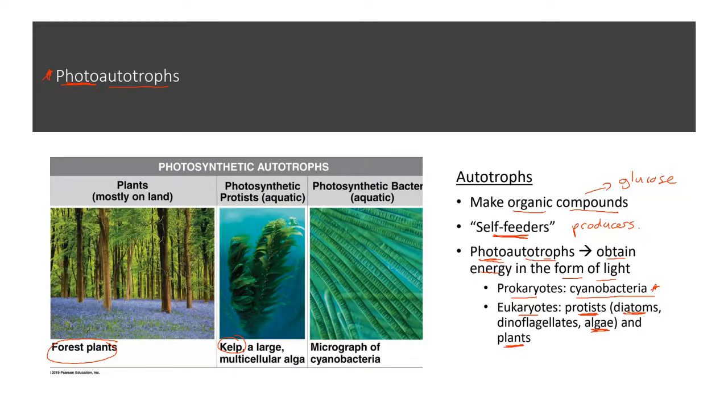They're humongous and really tall, and they're very important because they produce food, but they also provide a niche. A lot of animals live in there, or hide from predators in this huge kelp forest. And this is an example of cyanobacteria, which is usually found in filaments like you see over here.